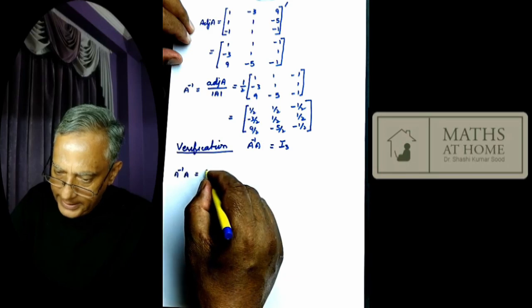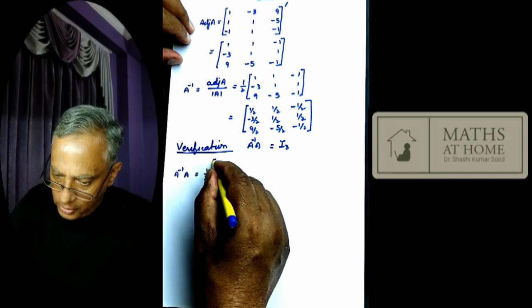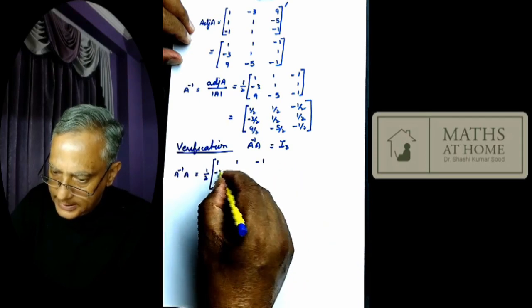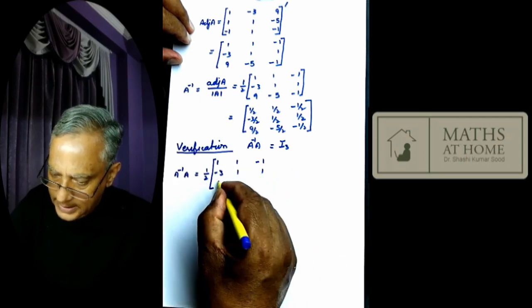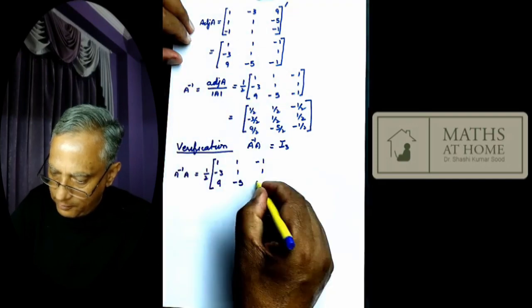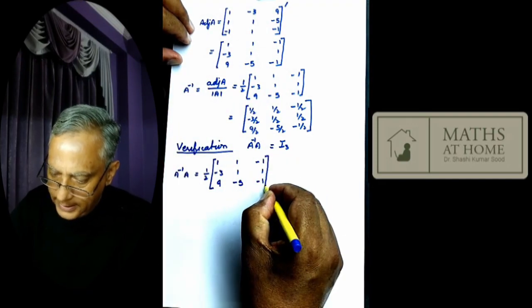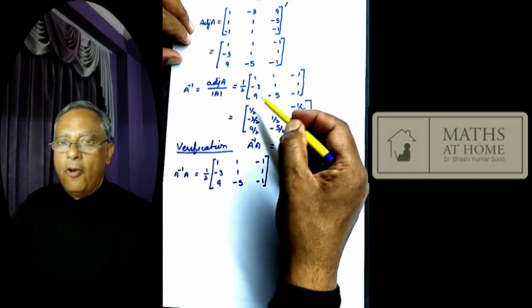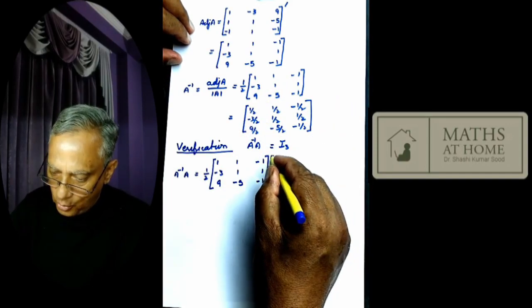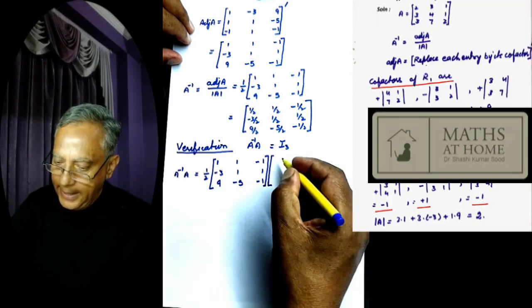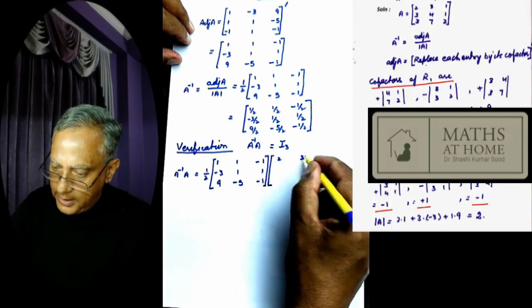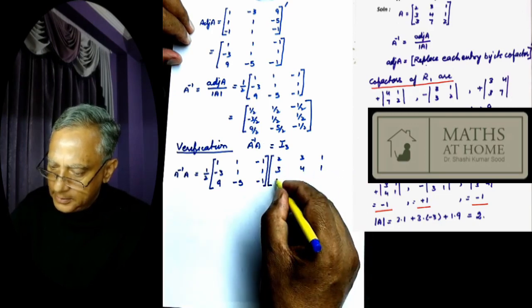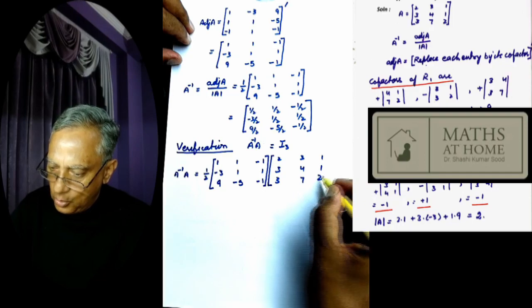So we write 1 by 2 into the matrix 1, 1, minus 1; minus 3, 1, 1; 9, minus 5, minus 1. Taking A inverse in this form will avoid the fractions. So this into A, and A is 2, 3, 1; 3, 4, 1; 3, 7, 2.